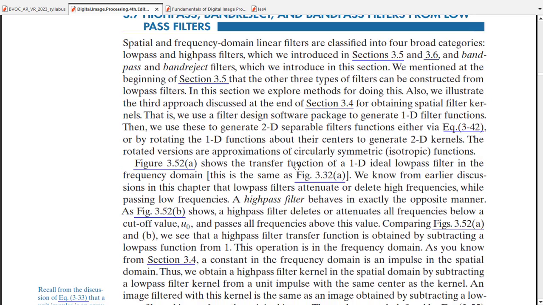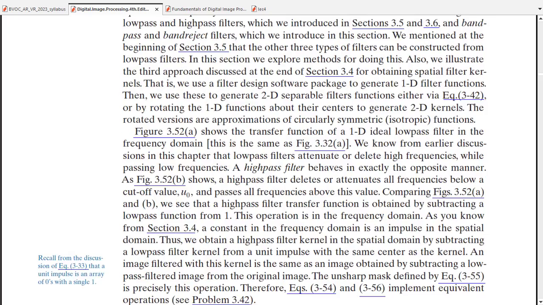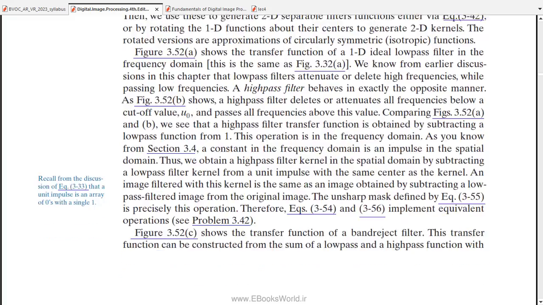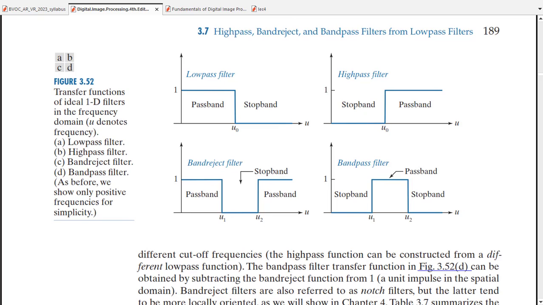The high pass filter passes all frequencies above the cutoff value U0. In this transformation, this is the low pass filter: a pass band followed by a stop band is called a low pass filter. High pass means first a stop band, then a pass band.